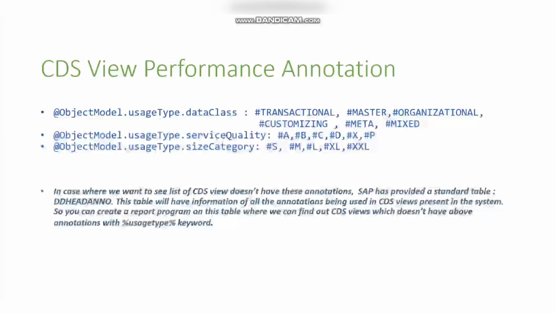It is also mentioned here that we can create a report on this table and find out the CDS views which don't have the annotations with the percentage usage type keyword. That means it will give you the CDS views where we are not using these annotations.